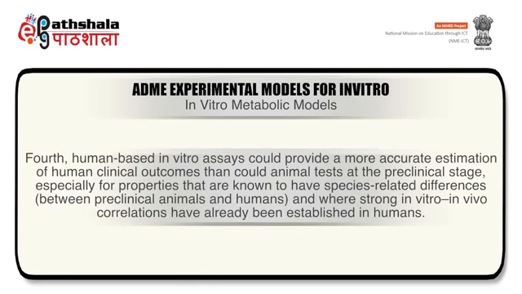Fourth, human-based in vitro assays could provide a more accurate estimation of human clinical outcomes than could animal tests at the preclinical stage, especially for properties that are known to have species-related differences between preclinical animals and humans, and where a strong in vitro in vivo correlation has already been established in humans.